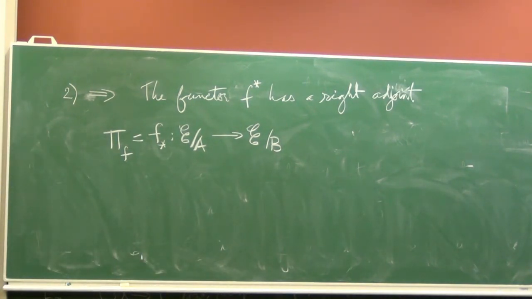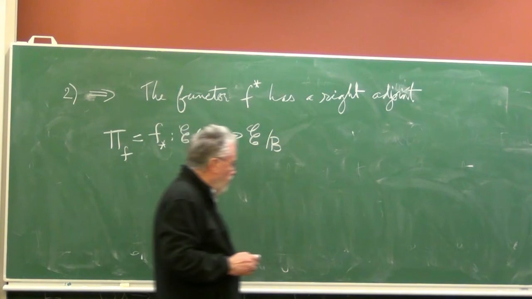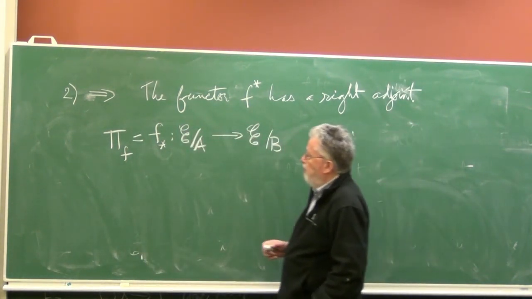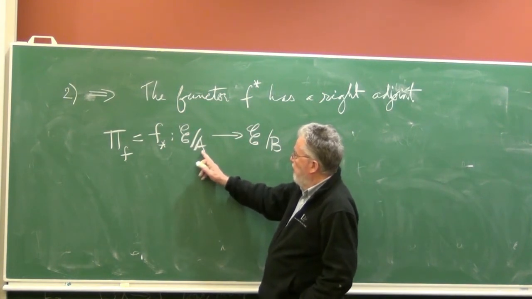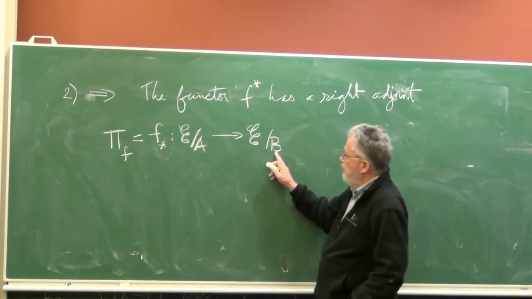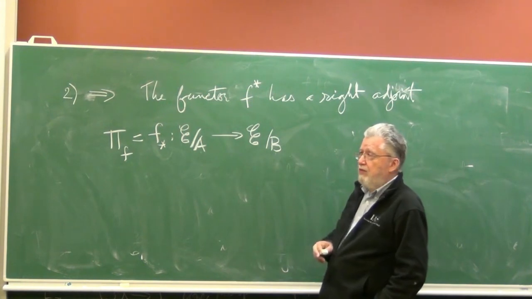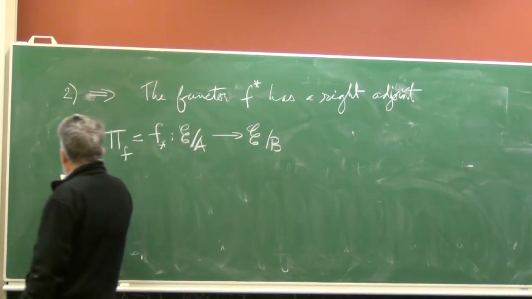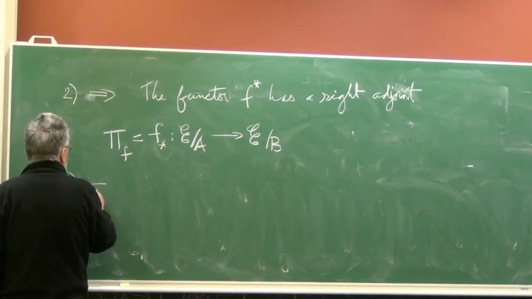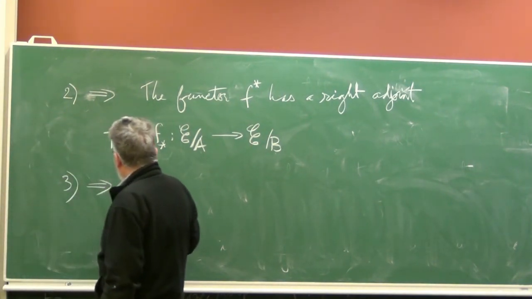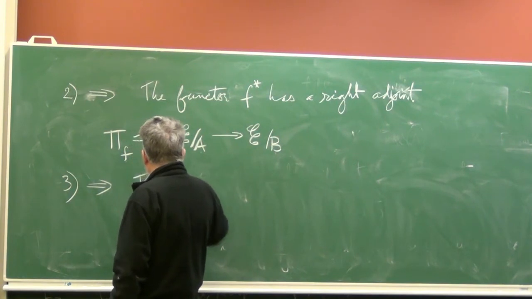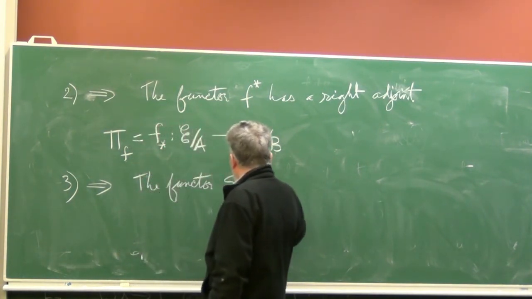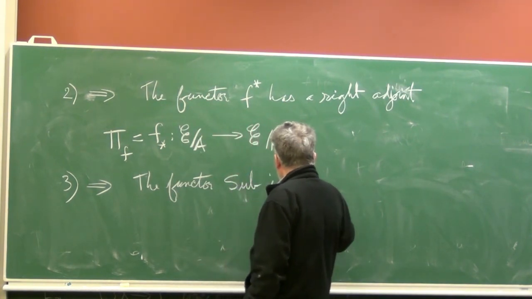So this is one of the basic operations of type theory, to take the product of a family of types over A along a map from A to B, and you get a family of types over B. Okay? And 3 implies that the functor Sub is representable.